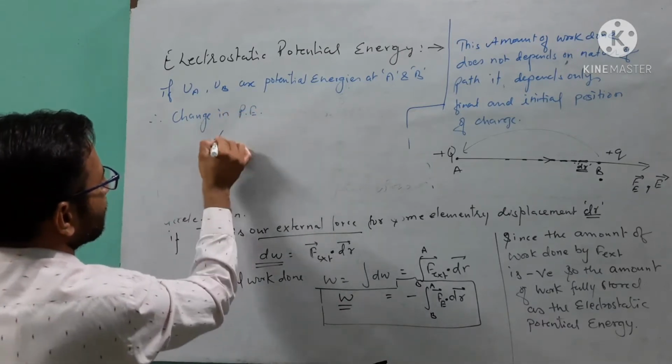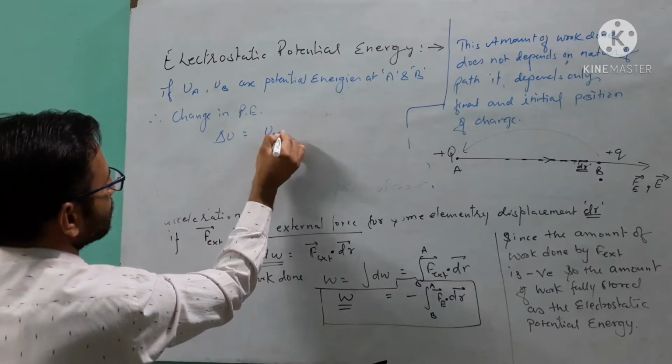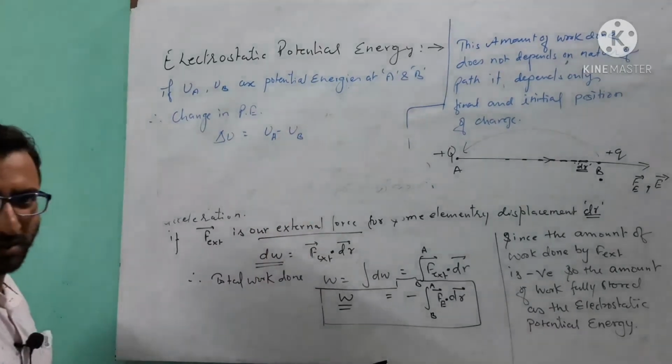Delta U is equal to UA minus UB, got it?